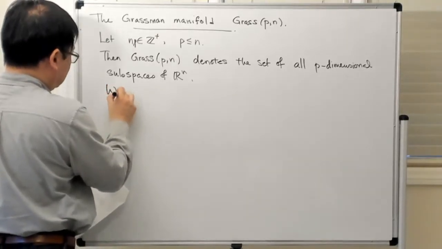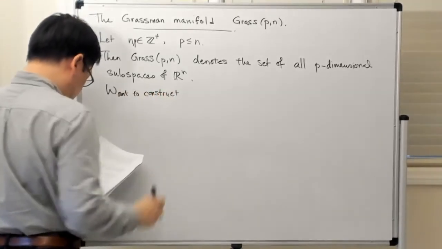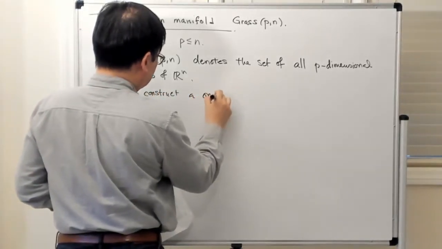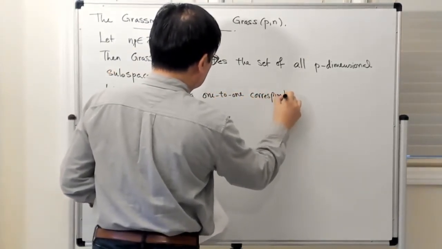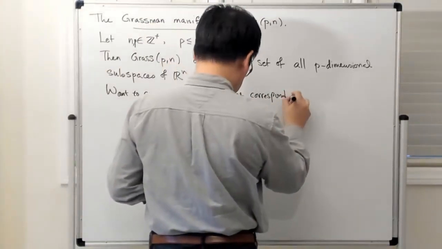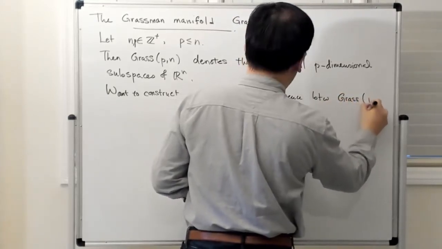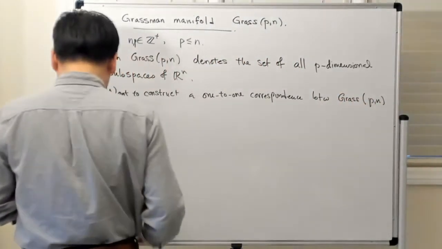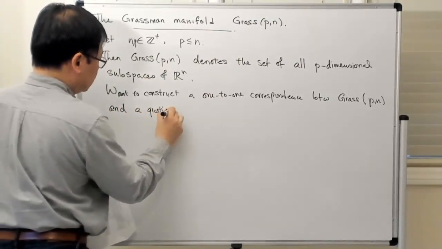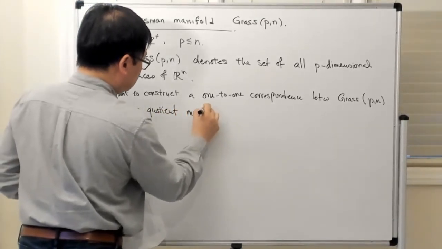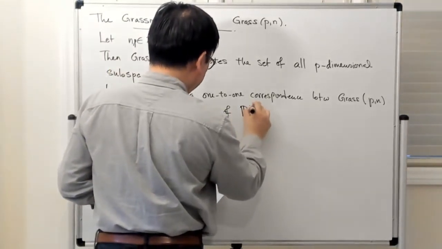So we want to construct a one-to-one correspondence between Grassmannians and the quotient manifold of R^(n×p).